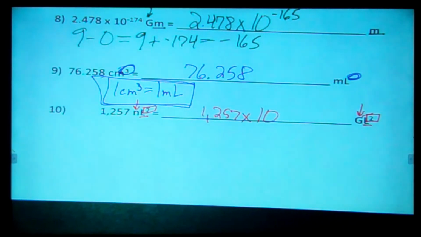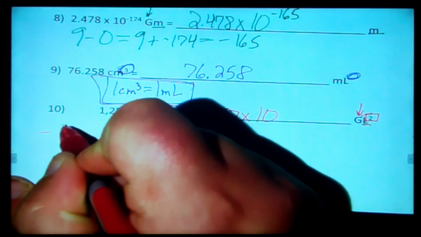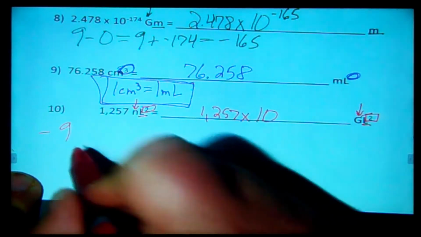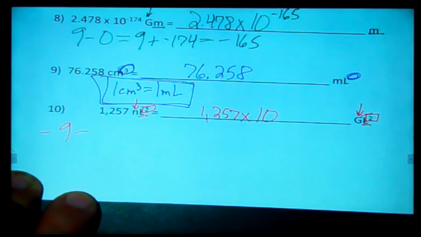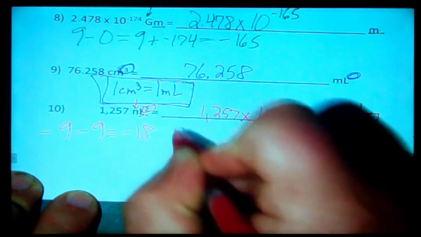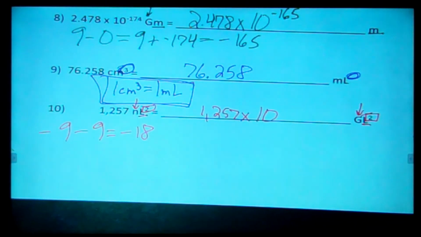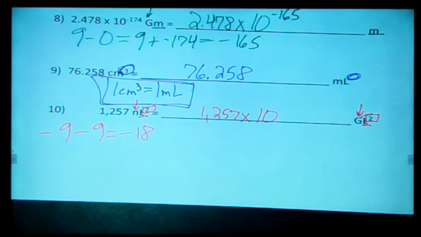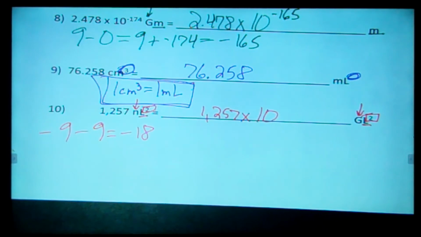So, step 1, write the number down. Step 2, find the difference in the prefixes. Whenever you look at nano, nano is 10 to the negative 9. Subtract giga, which is 10 to the positive 9. So that is negative 18. We found the difference in step 2. Step 3, multiply by any exponent on the units. You've heard me say that a lot in this video, but this is the first time it applies.